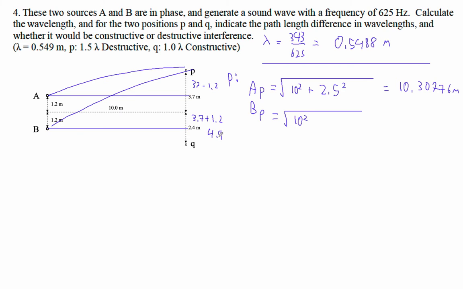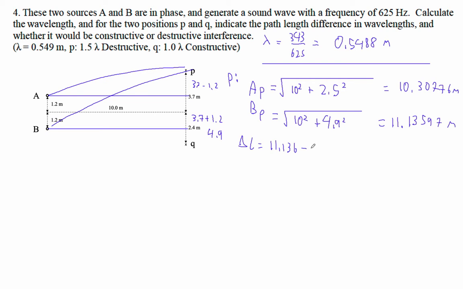Okay, we can do this. So now I'm going to grab that same thing I just got, instead of 2.5, I'm going to make it 4.9. And this one is 11.13597 meters, right?